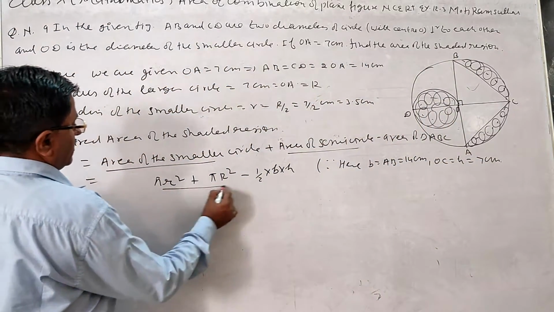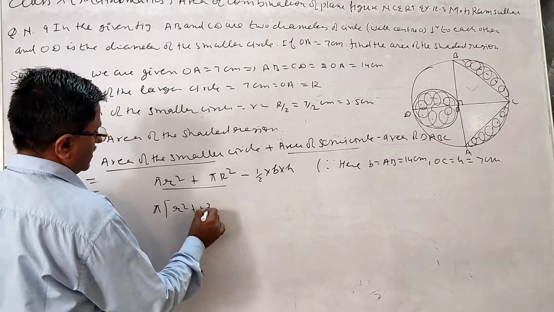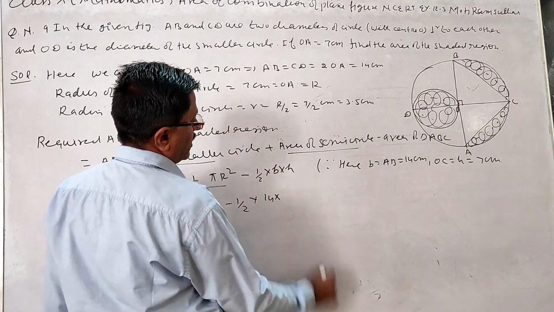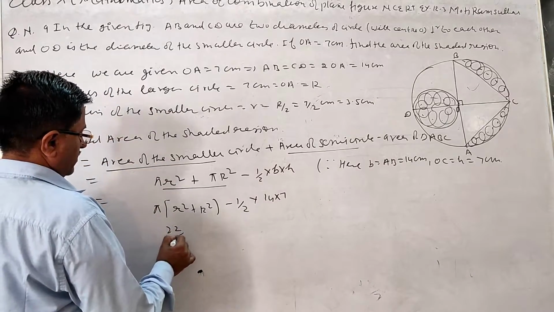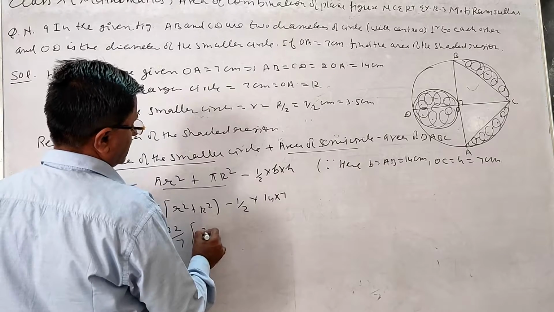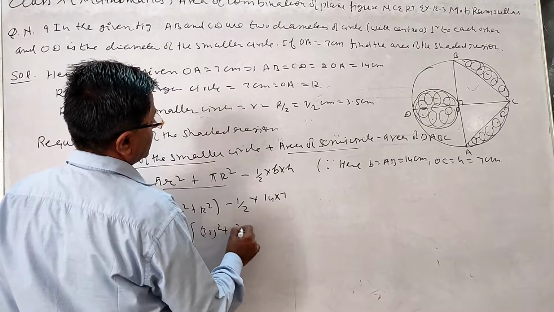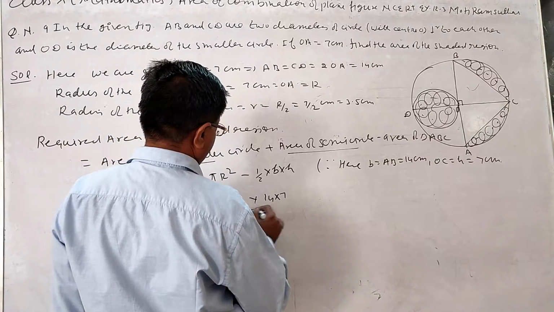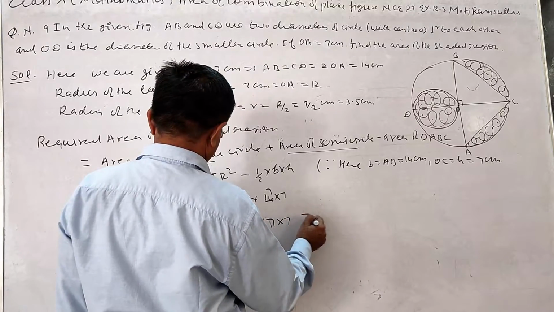So here you can take pi common. So pi into r square plus capital R square, minus 1 by 2, base is 14 and height is 7. So pi you can take 22 by 7, small r, that is 3.5, capital R 7, minus 1 by 2, cancel this, so 7. So you get 7 into 7.